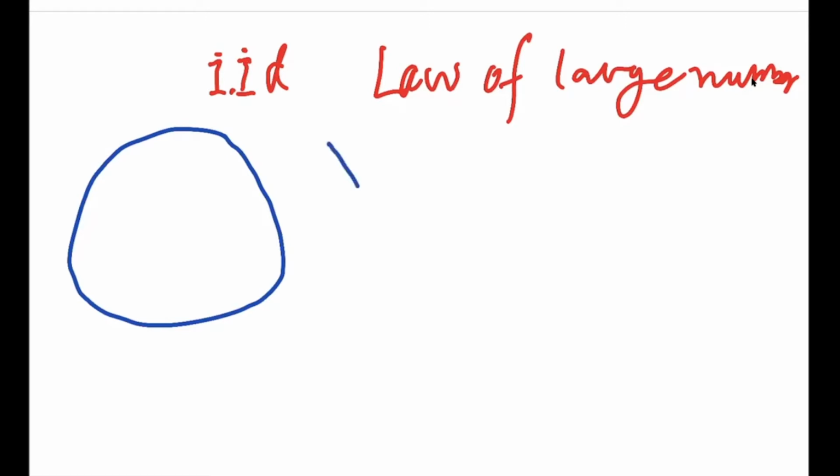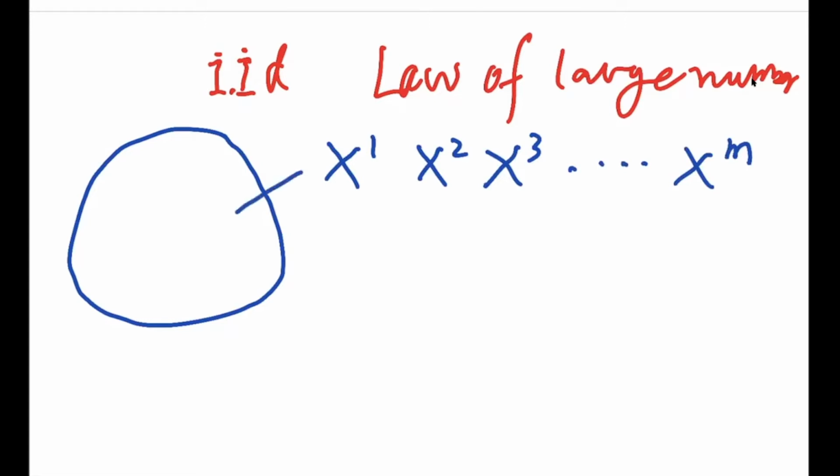Say we will take x1, x2, x3, ..., xm. We will sample m values from this distribution. They are all from this distribution, and they are independent and identically distributed. That's what we call.